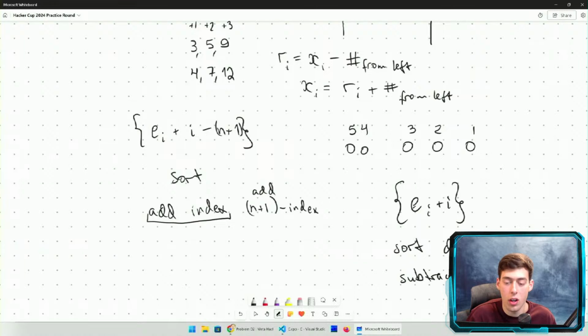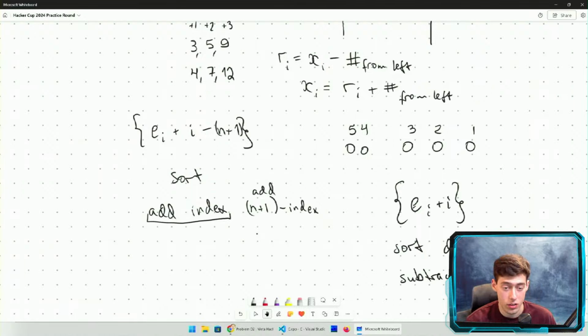Subtract the new index, and now this is nice because it doesn't matter anymore whether the indices we use are 1-based or 0-based as long as they're consistent. So EI plus I here, and I here. It didn't matter in the previous version of the problem either. We just have to change this constant that we had to either n plus 1 or n.